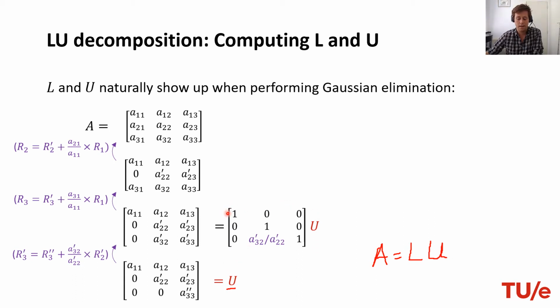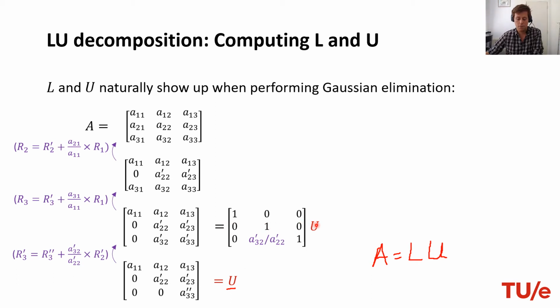So what does this say? Well, this matrix says that the first row of U should remain untouched, so there is 1, 0, 0 in this row. The second row of U should also remain untouched, with 0, 1, 0.